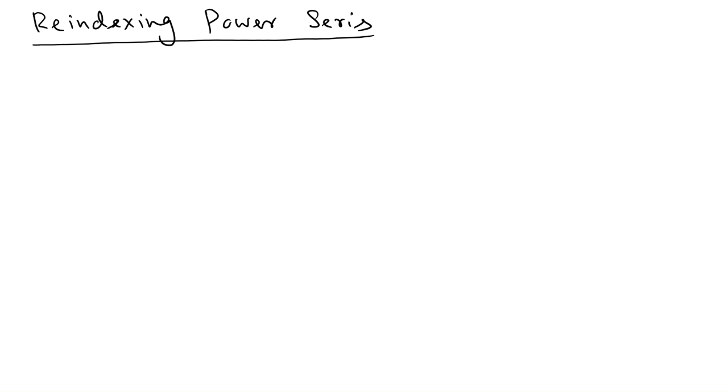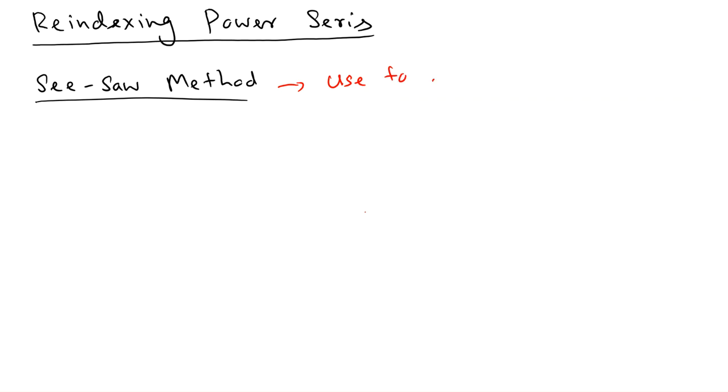I'm going to call it a seesaw method. So what's a seesaw method? We're going to use this to reindex sigma notations.